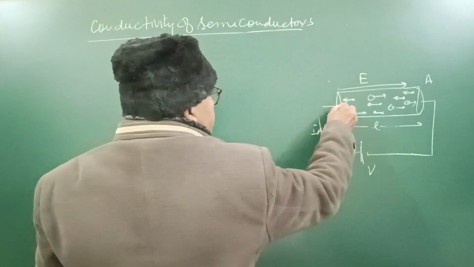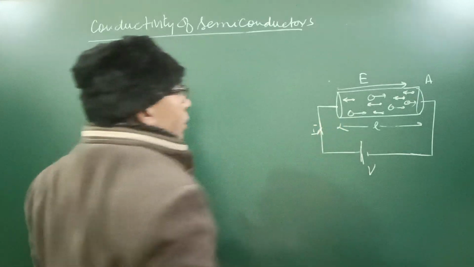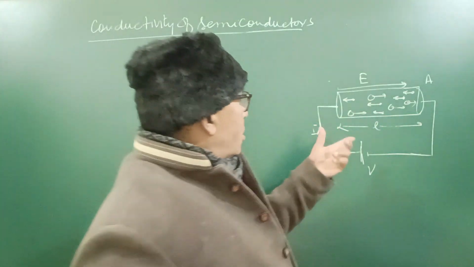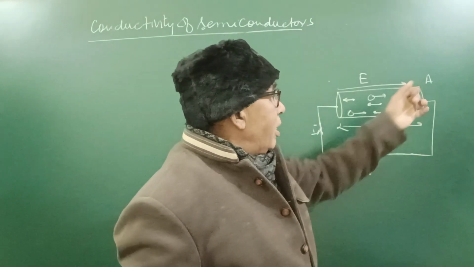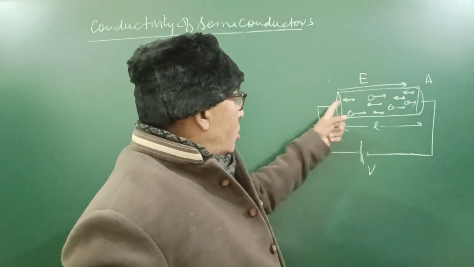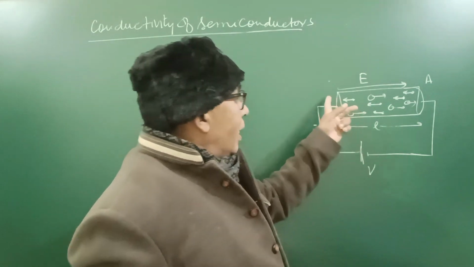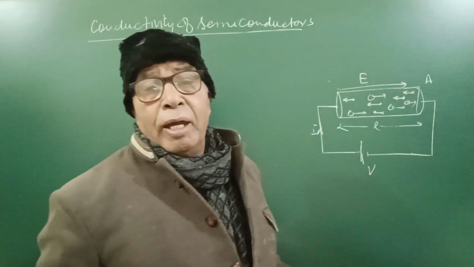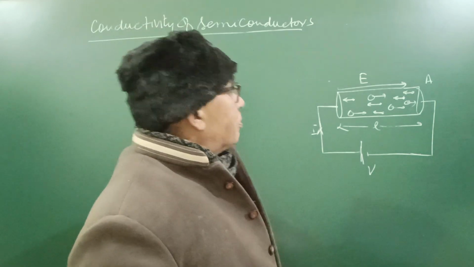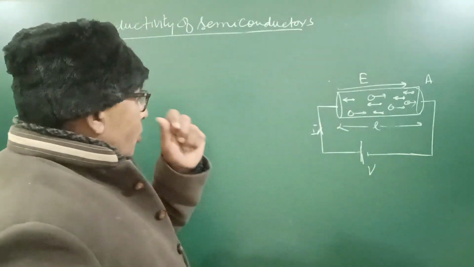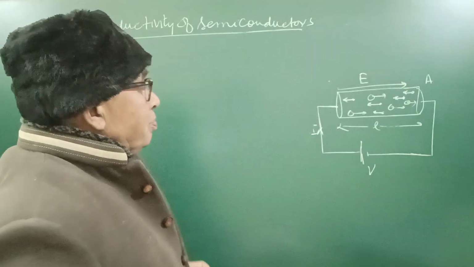So in semiconductors, the charge carriers are electron and hole. In this figure, a piece of semiconductor of length L and area A is connected across a source of V volt. When we apply V volt, an electric field is set up across the semiconductor, which drifts holes and electrons. Holes move in the direction of current, electrons move opposite to it.